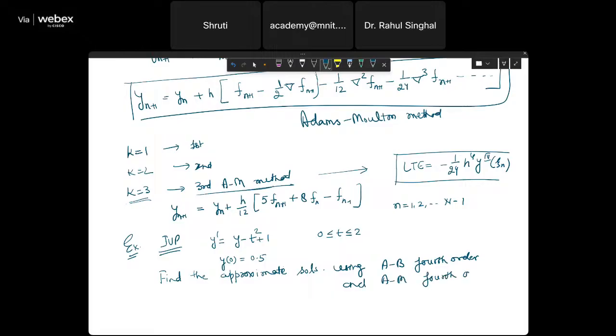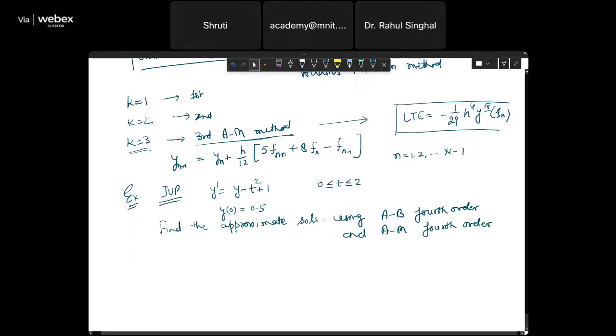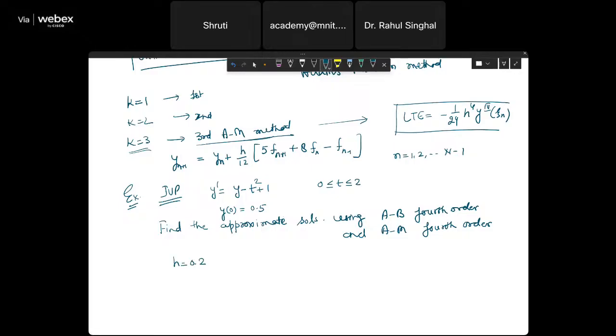Same order methods, let us apply and see how much error we obtain. For this, let us take the step size as 0.2. So the total number of points will be 0, 1, 2, 3, up to 9 and 10. So we will have 10 intervals over here.